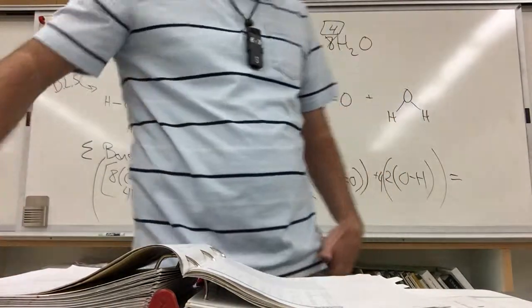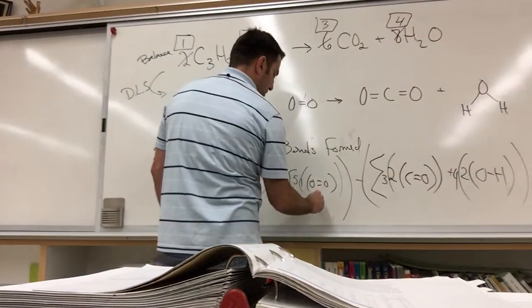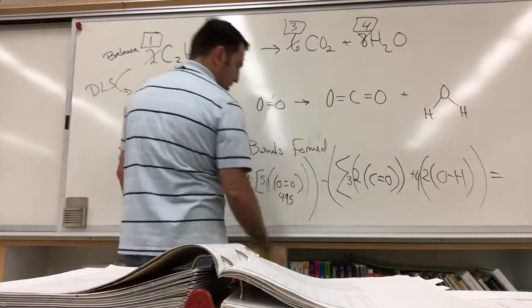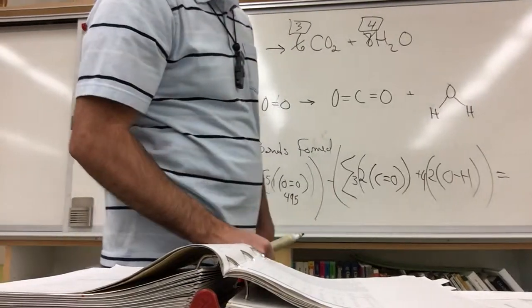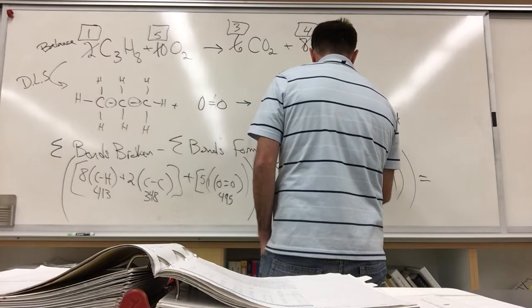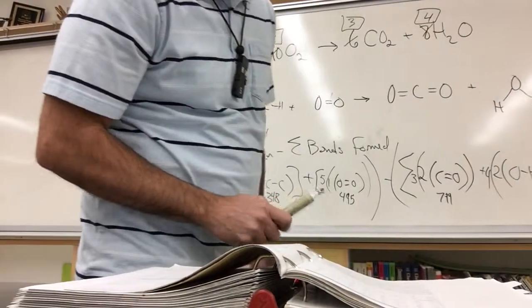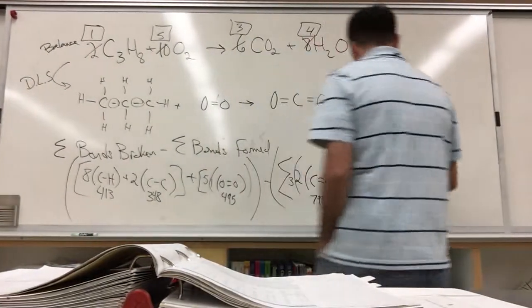It's just O2 in that lower table, and it's 495. Then I have my C to O double bond, that is 799. And then my OH, I end up with 463.